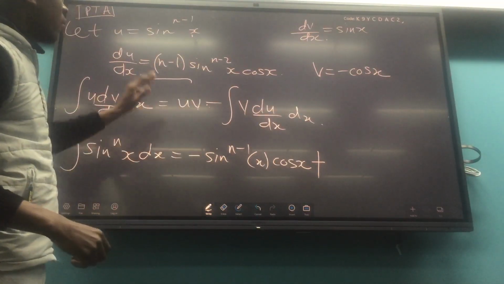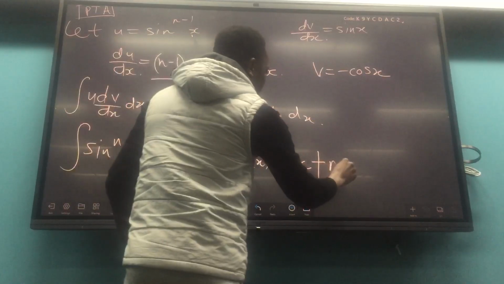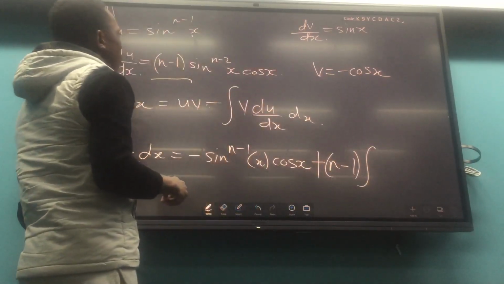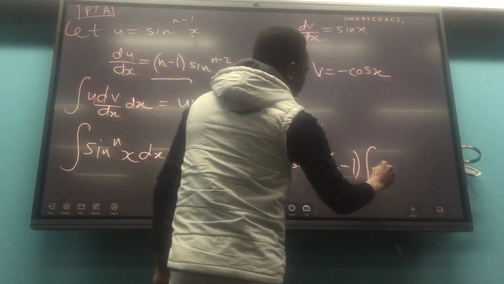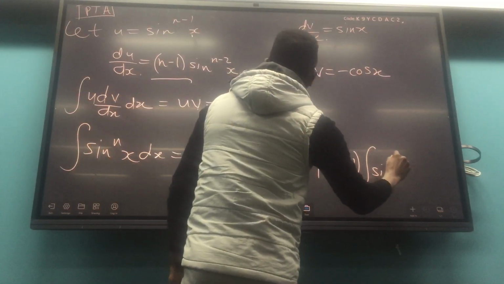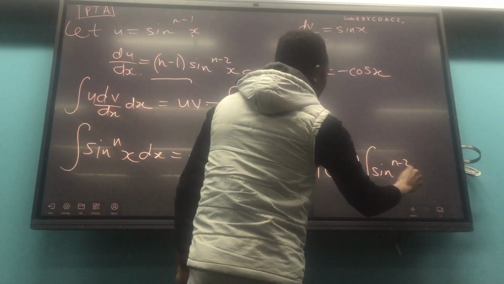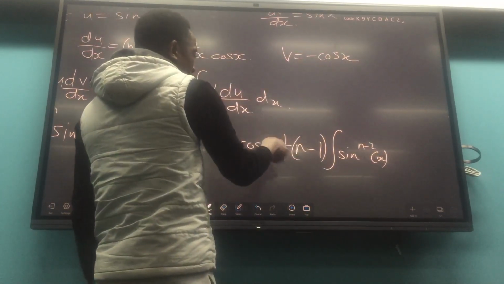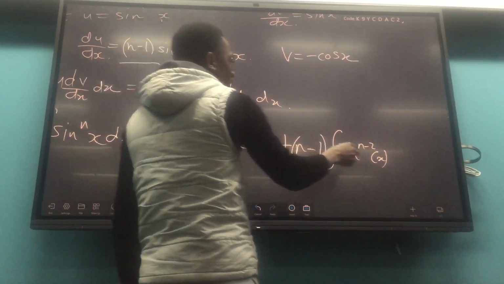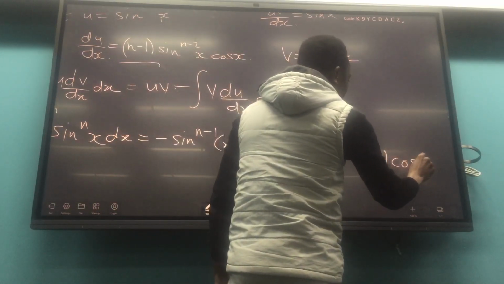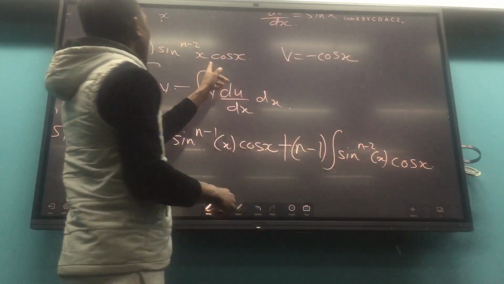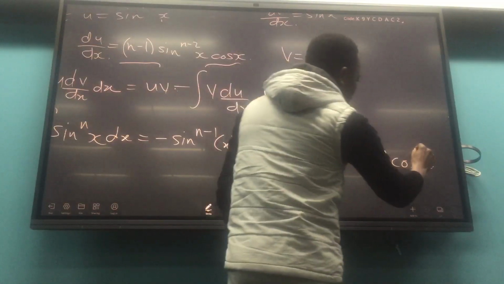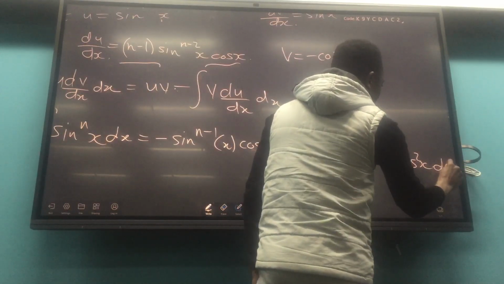So we now have n minus 1 times the integral of sine to the power n minus 2 of x. Then we have that cos x from v, and we also have the cos x from that derivative, so that gives us cos squared of x dx.